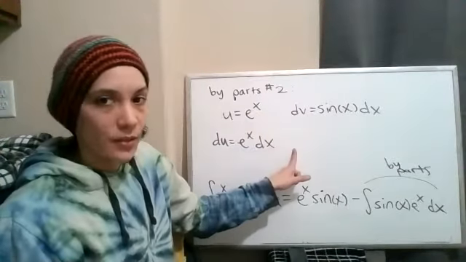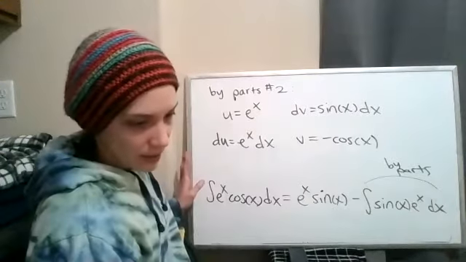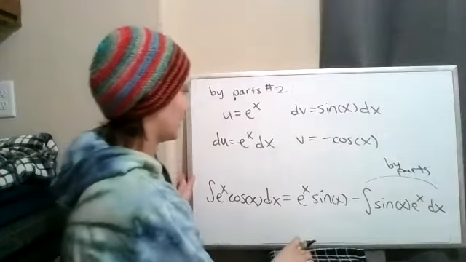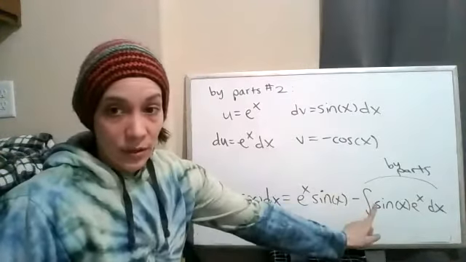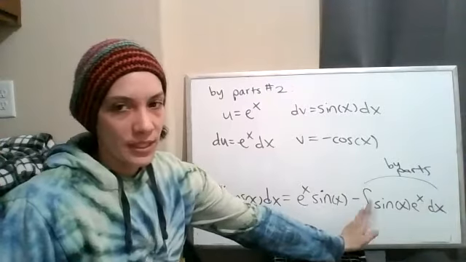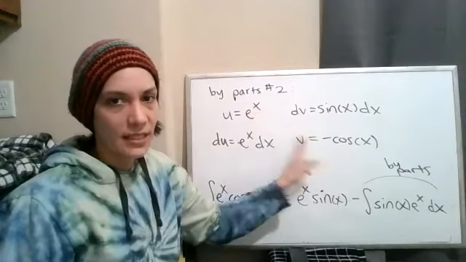Here I do an integral of both sides to have v equal to negative cosine of x. Check it. Yes. Sweet. Okay, so we're going to subtract this integral. So in parentheses, all of this will be this times this minus this integral.